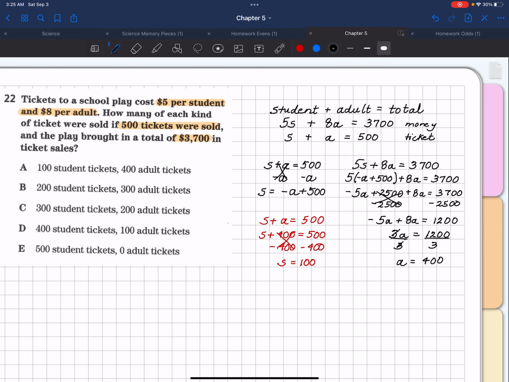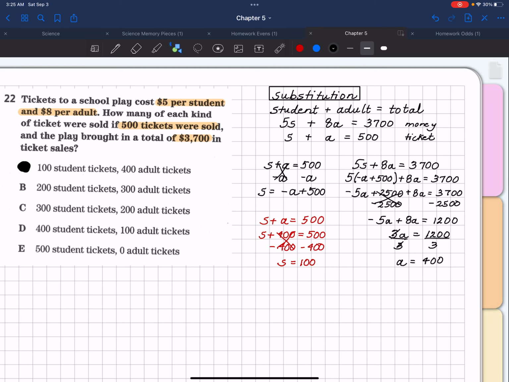Now I'll do it the way I was supposed to. This is called the substitution way. And this is the way that I was trained to do these. I think my professor was just a little bit partial to this method and wanted us to do it all the time.